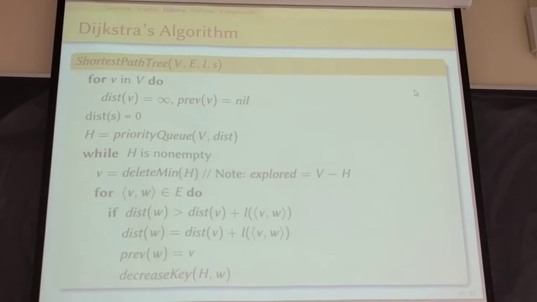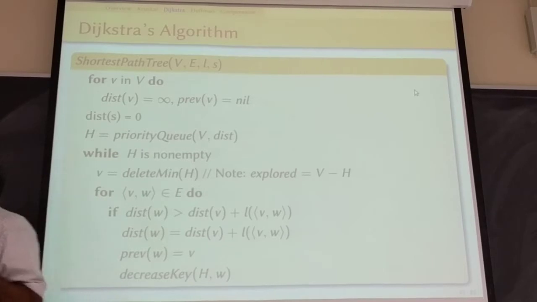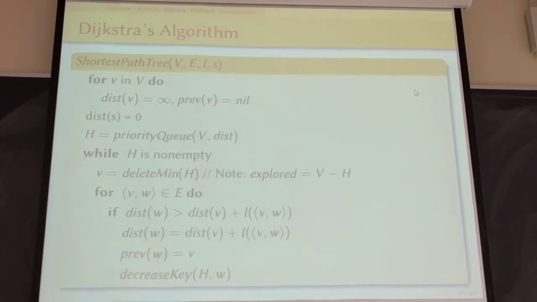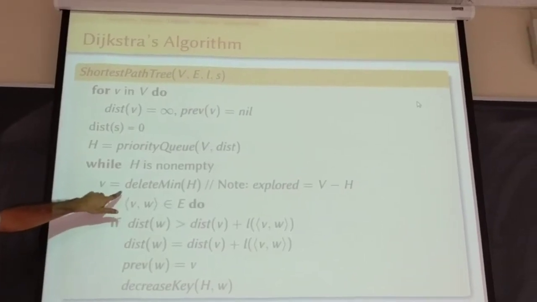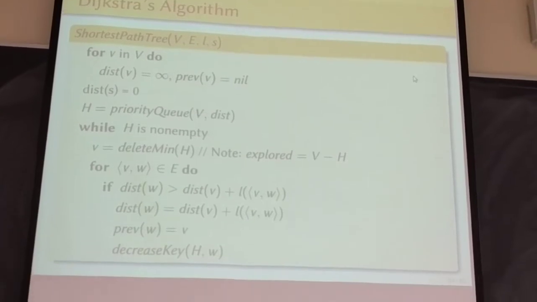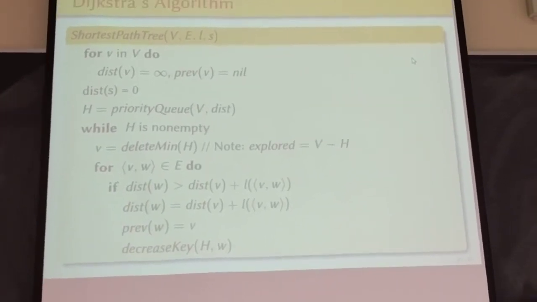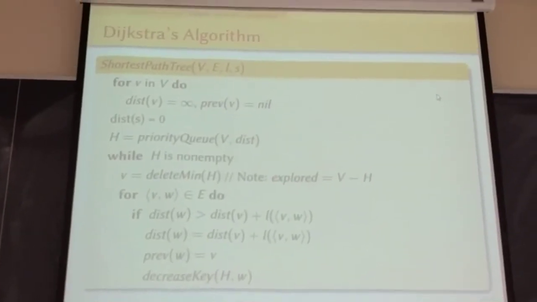okay? So we're going to construct a heap because we are often interested in the minimum cost thing. So what we are going to do is pick the vertex that has minimum distance from the source vertex S, okay?